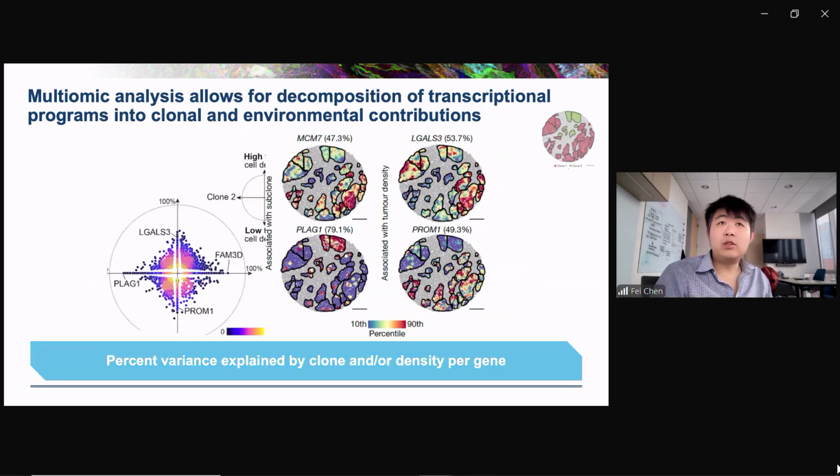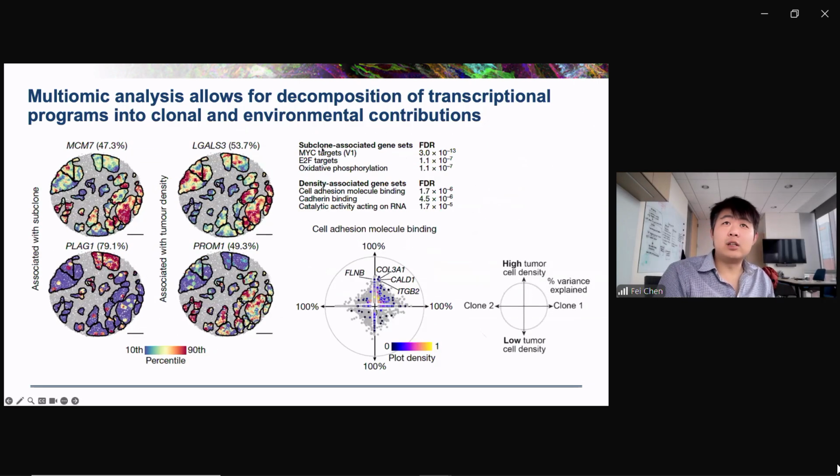If you look at the gene sets associated with these, the subclone-associated genes tend to be MYC targets, and we think that's because there's a differential amplification of MYC between these two subclones. But more interestingly, the density-associated genes, this extrinsic environmental explanation, seem to be explained by cell adhesion molecule and cadherin molecule binding.